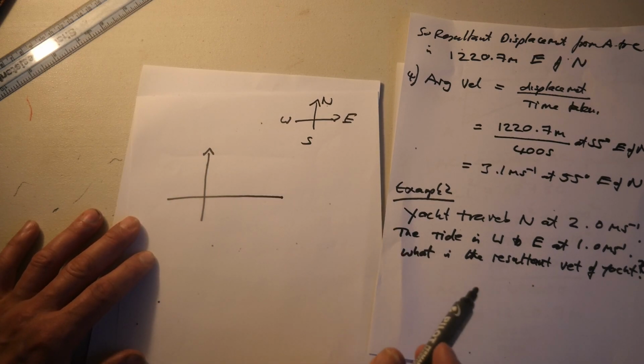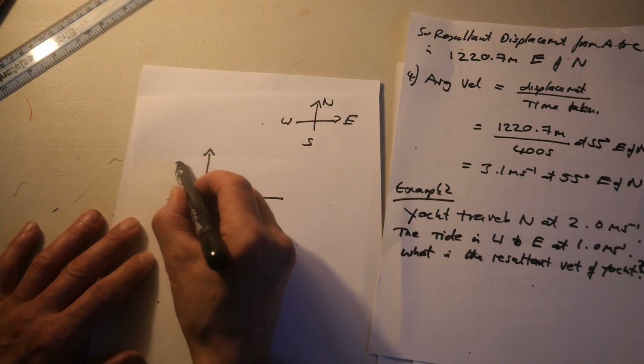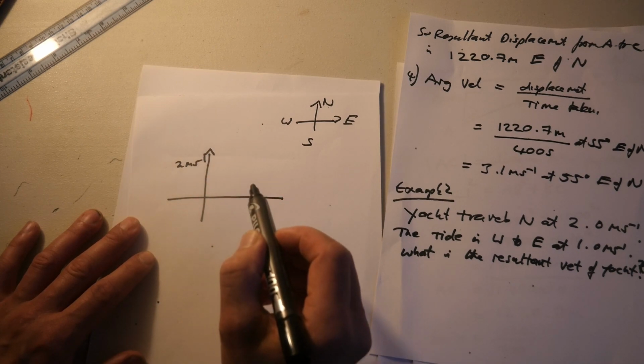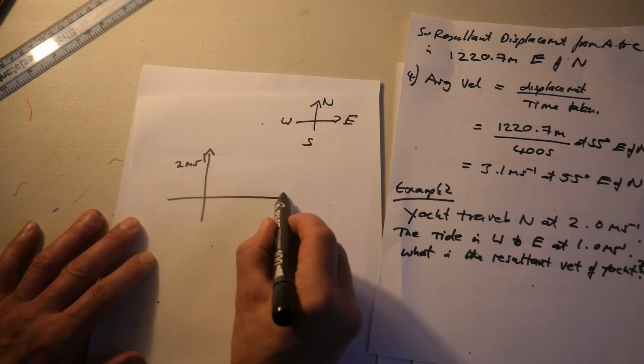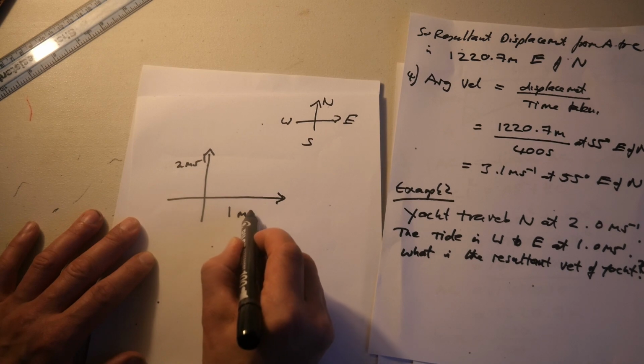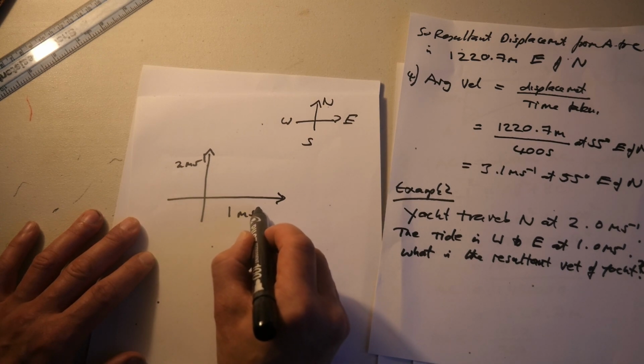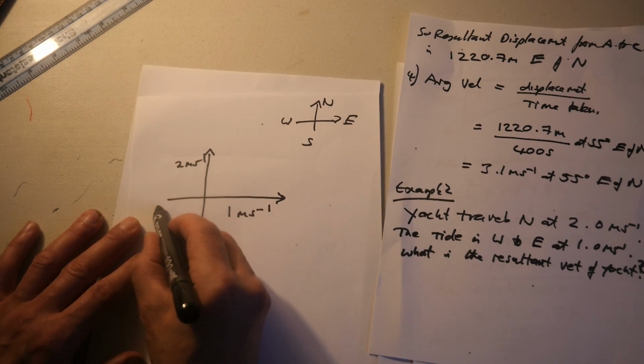That's north at 2 meters per second, and that's 1 meter per second west to east.